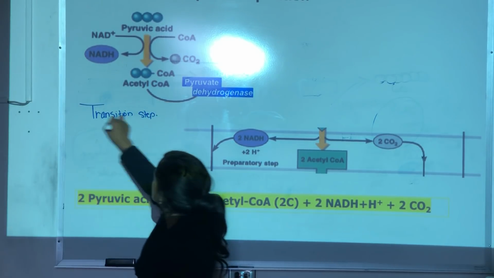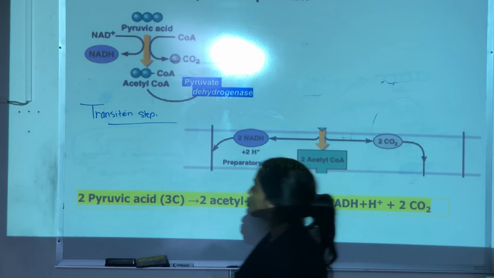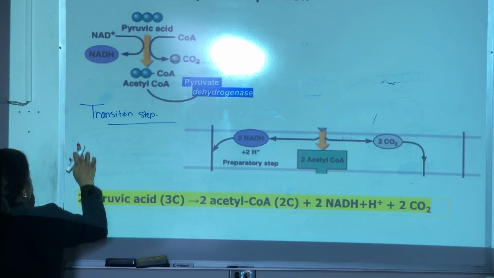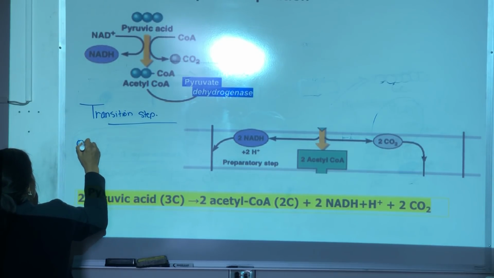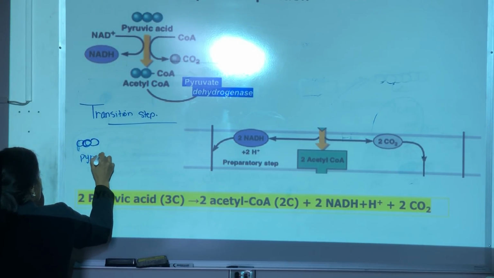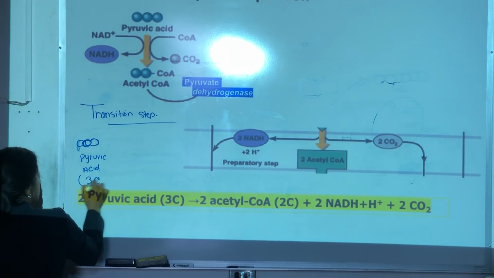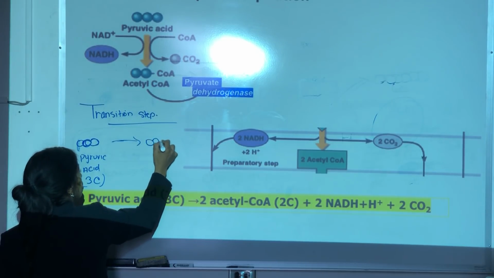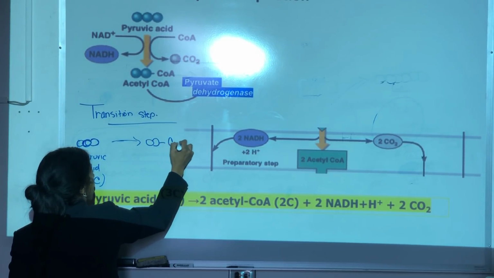In this transition step, the molecule of pyruvic acid, which we said has 3 carbon, so I'll put 3C for 3 carbon, gets converted into a 2 carbon molecule with CoA, all right?